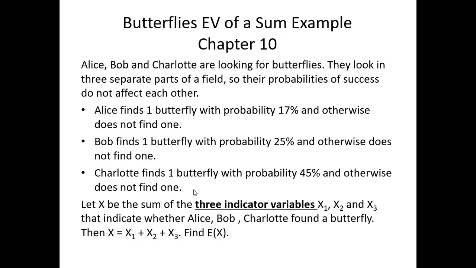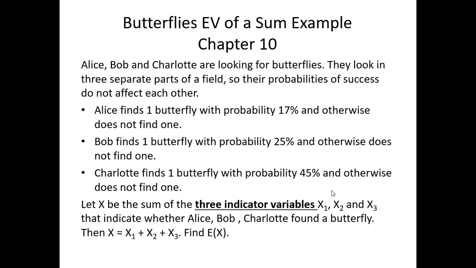So here's the key problem-solving idea. Let's let X be the sum of 3 indicator variables. Now, indicator variables are sort of binary, 0, 1 variables. Usually, the Xi is 1 if something is present. Otherwise, it's 0.